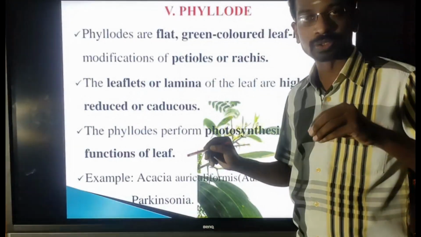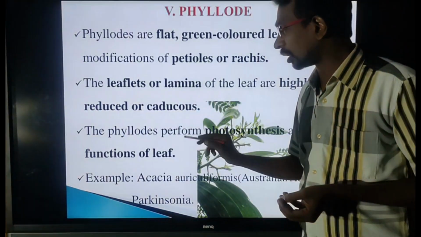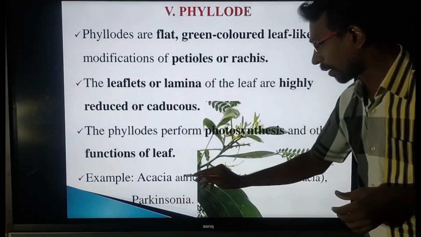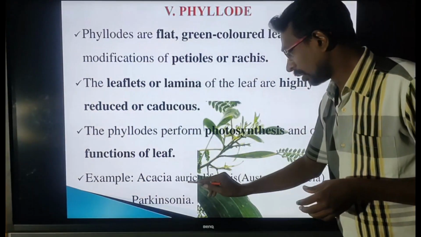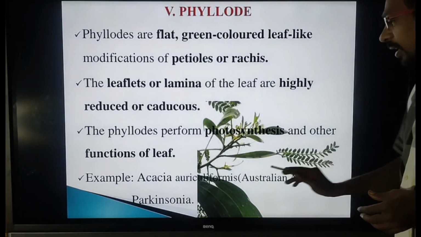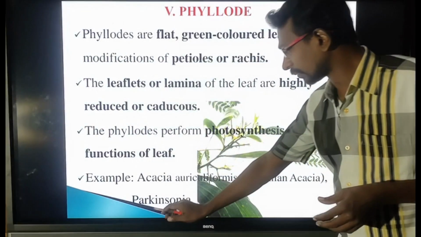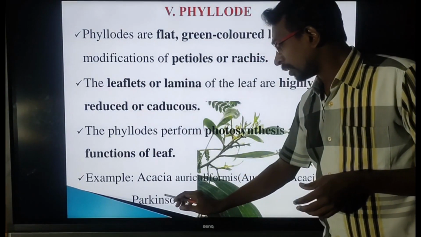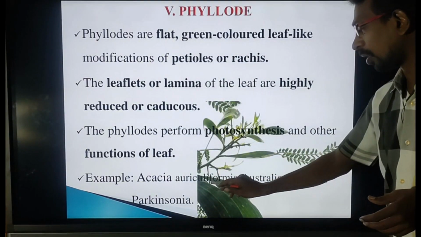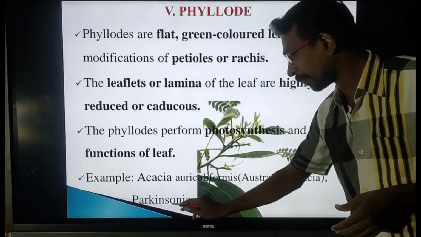That's why the phyllode takes over the function of the leaf. Examples: Acacia auriculiformis, the Australian acacia, and Parkinsonia.